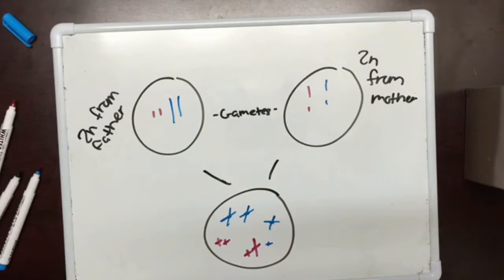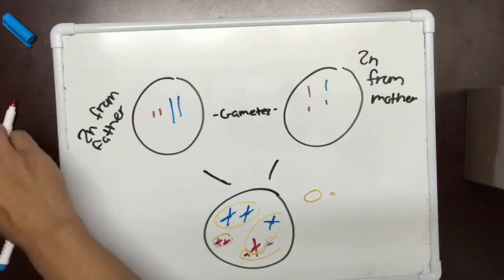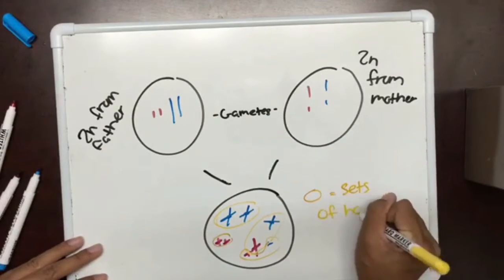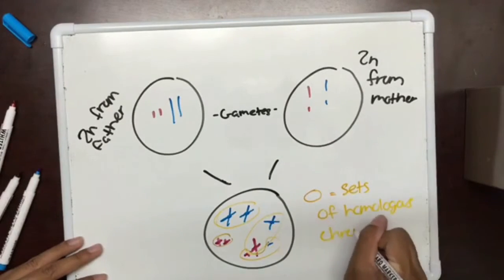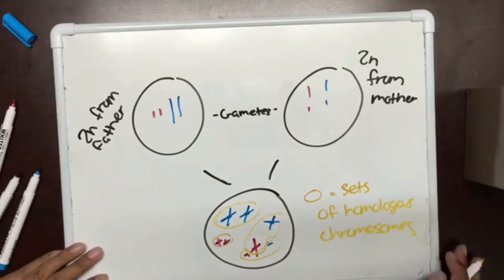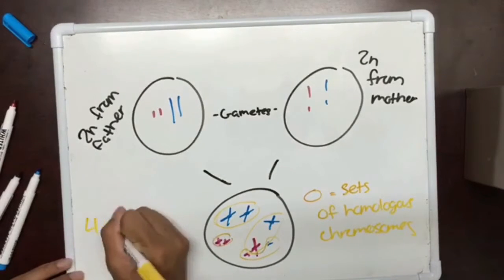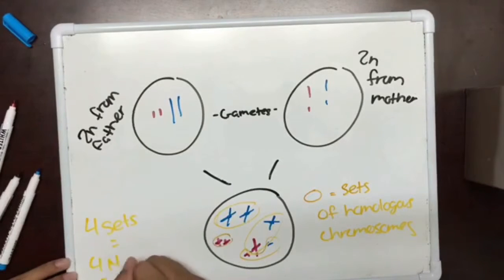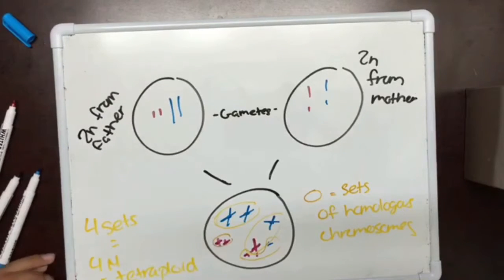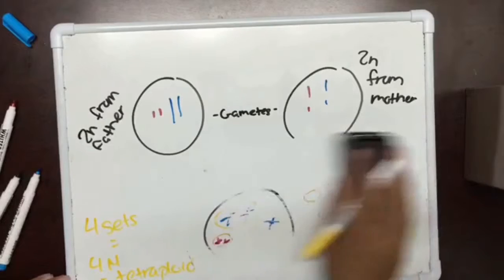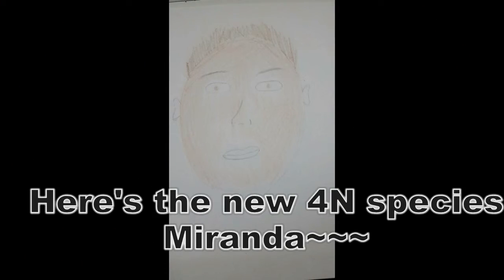After they replicate, you will notice that there will be 4 homologous chromosome pairs, which makes the cell a tetraploid cell. Here's the new 4N species, Miranda.